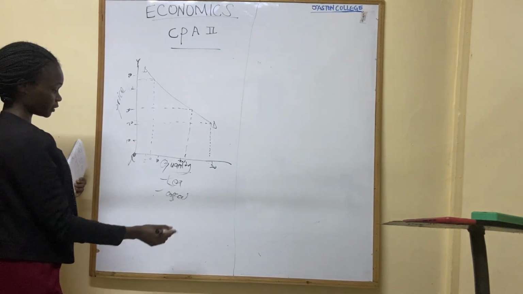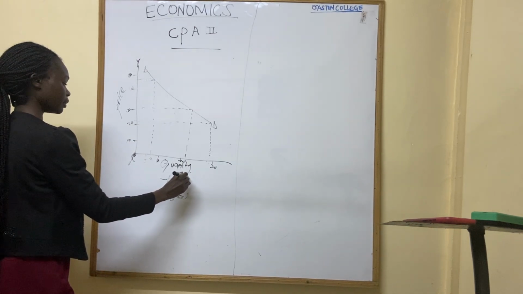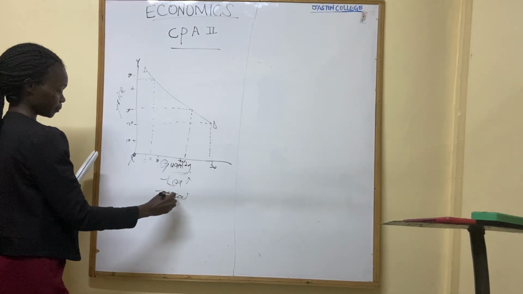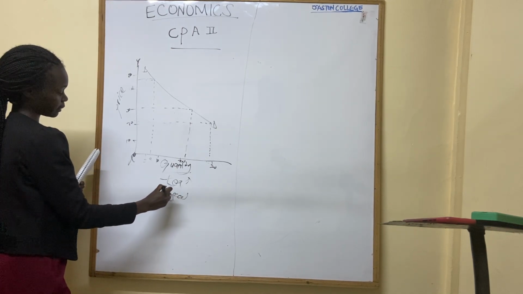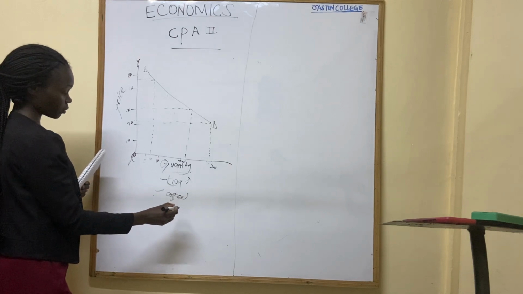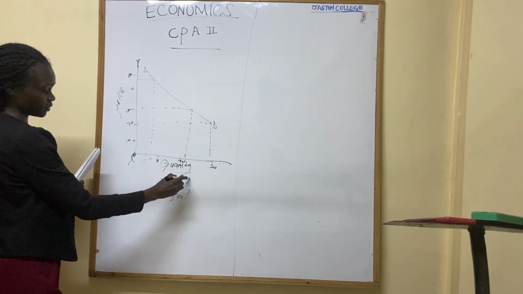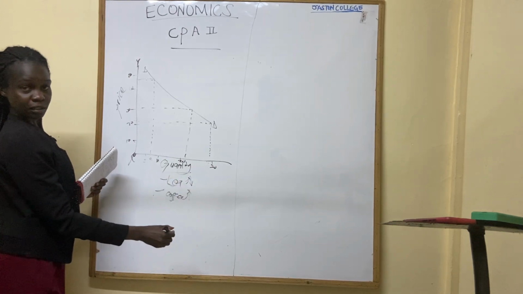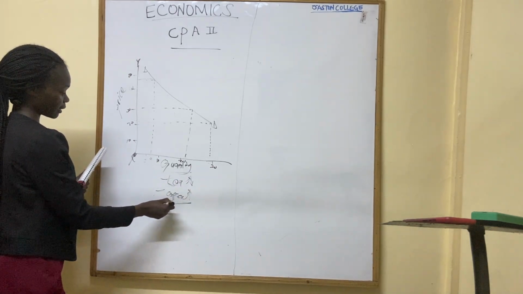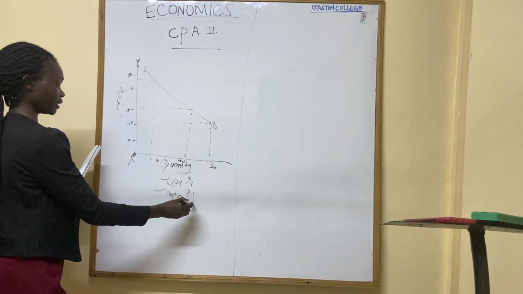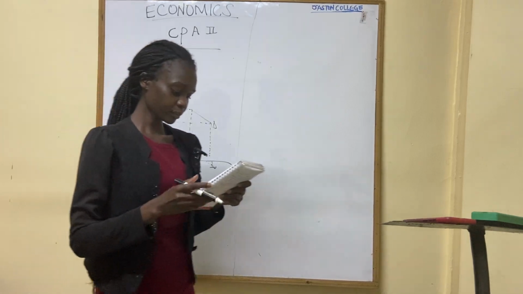So when the price of tea goes up, the demand for coffee will go up also. And when the price of tea falls, the quantity demanded of coffee also falls.